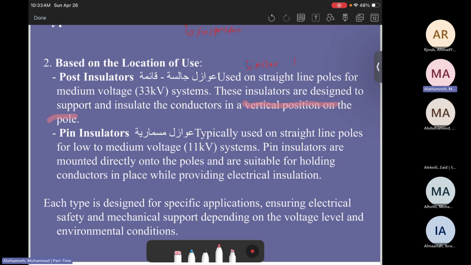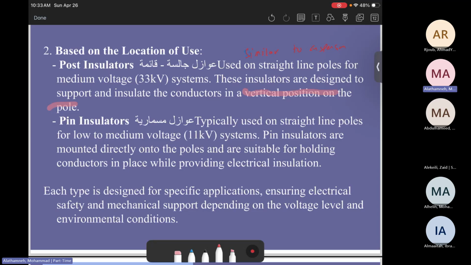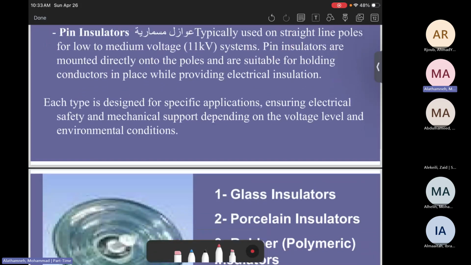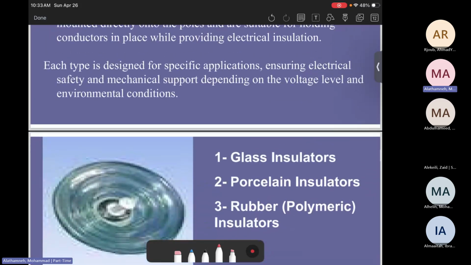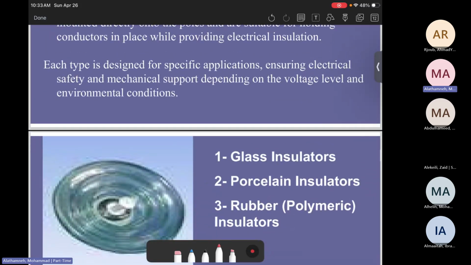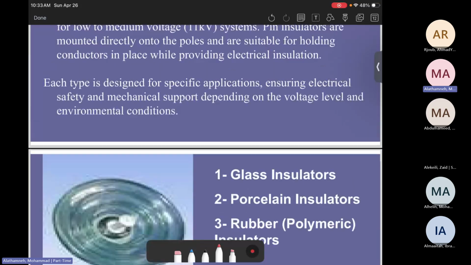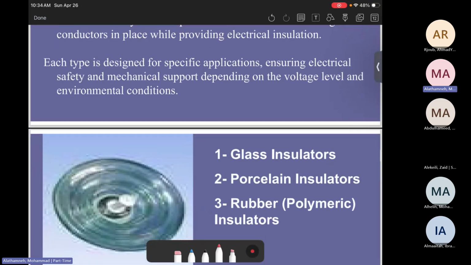Pin insulators are used directly on the poles and are suitable for holding conductors in place while providing electrical insulation. Each type of insulator is for a specific application, ensuring electrical safety and mechanical support depending on the voltage level.